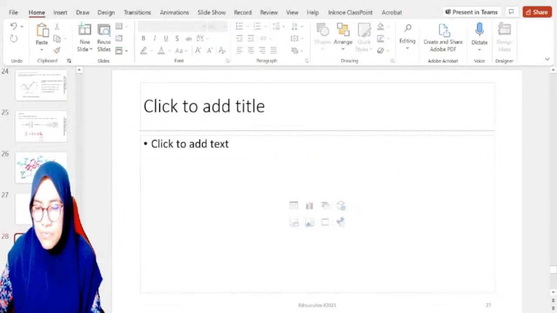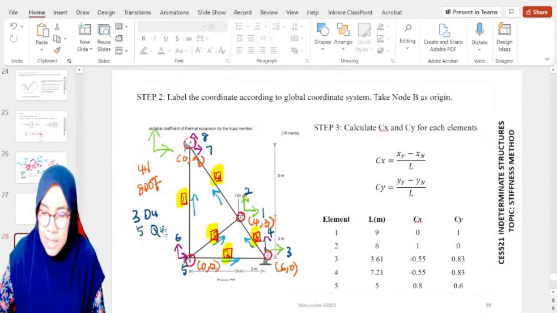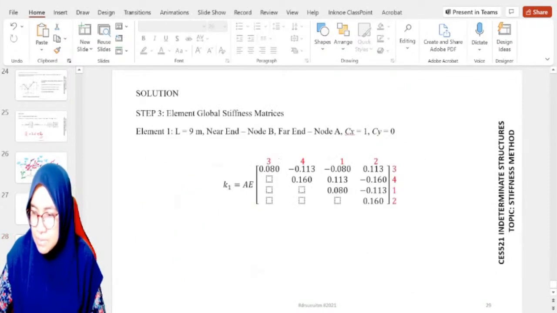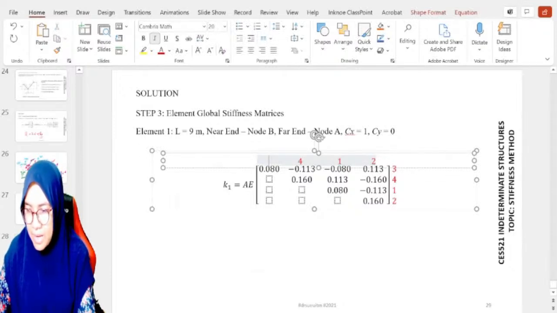From the diagram, B is 5, 6 and A is 7, 8, so the label will be 5, 6, 7, 8.